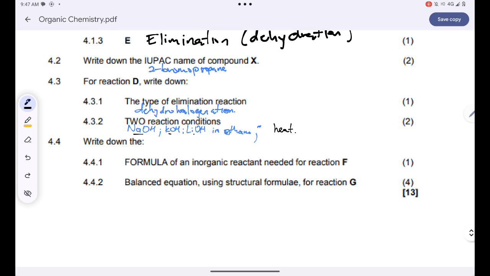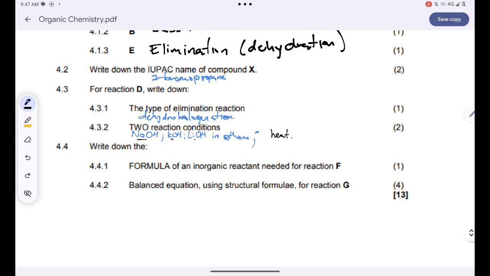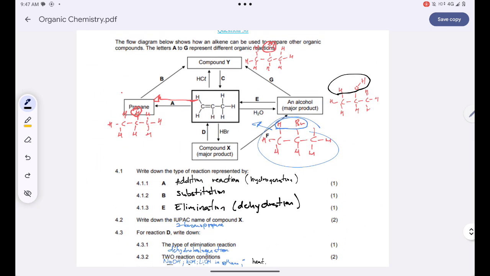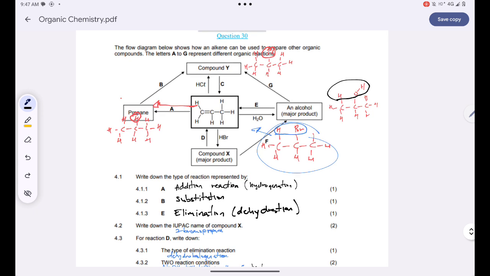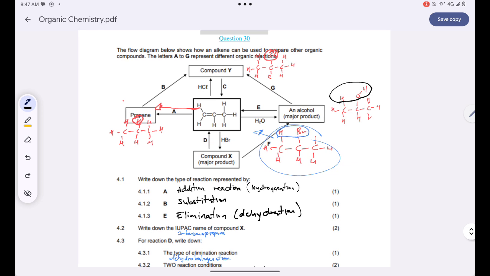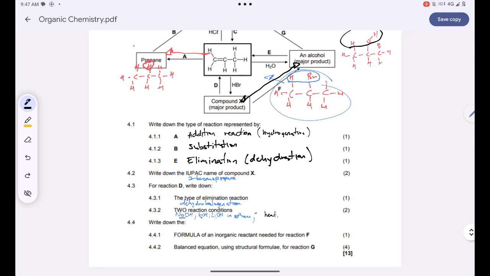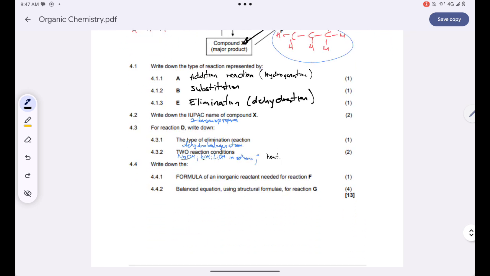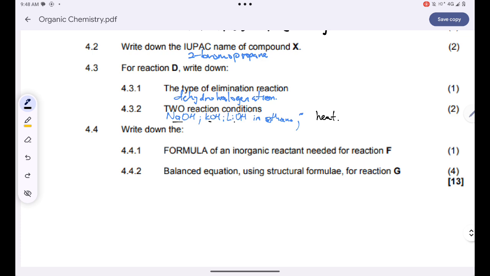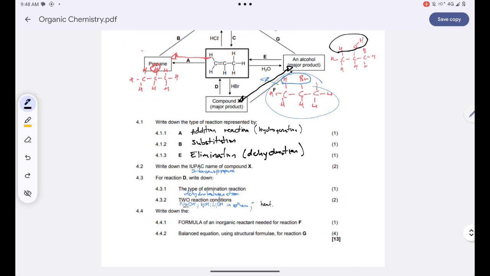And then 4.4, I must write down the formula of an inorganic reactant needed for reaction F. What's reaction F? I can't see F over here, guys. Oh, there's reaction F. I'm moving from compound X to form an alcohol. Compound X is a haloalkane, right? So the inorganic reactant which is needed is a dilute strong base. I'm performing hydrolysis.